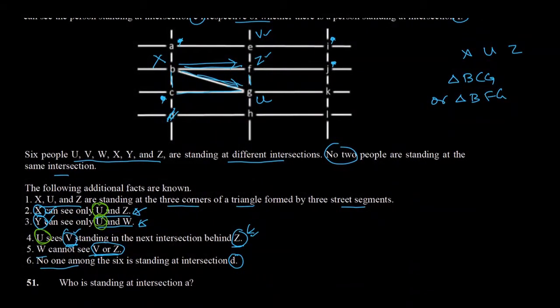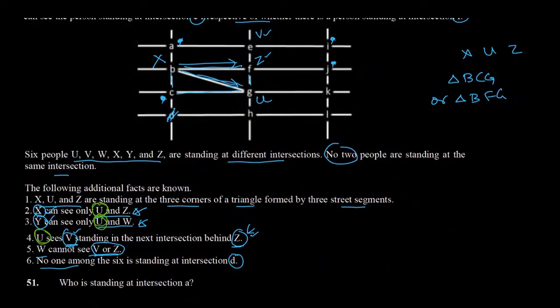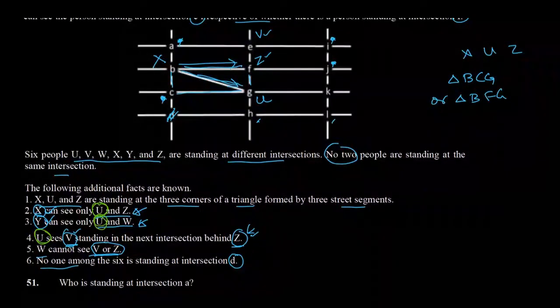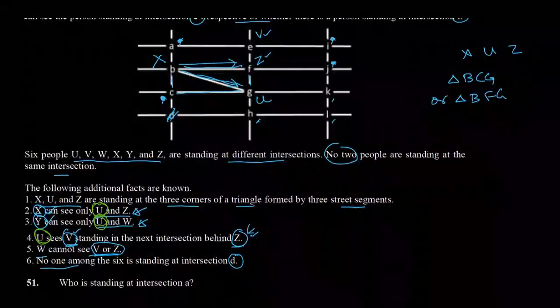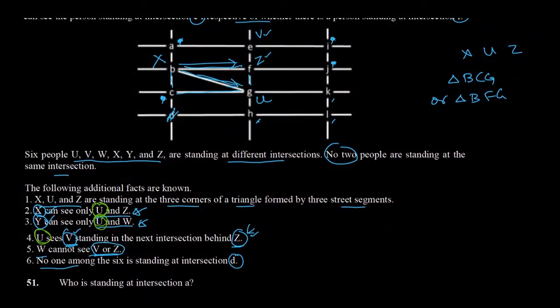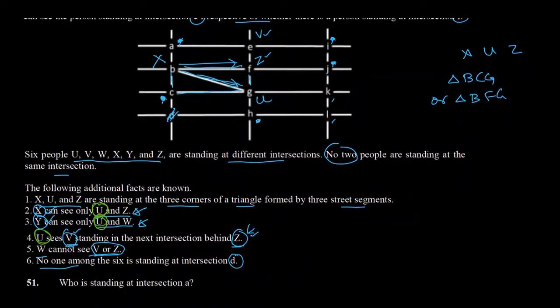So W has to be between H, L and K. Now if W is in H, then he would be able to see both V and Z. So W cannot be in H as well.